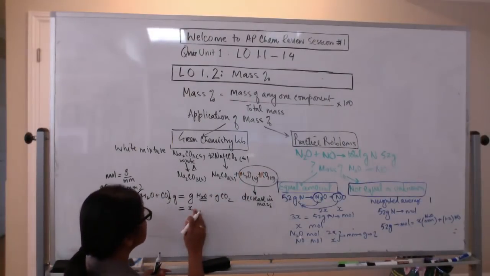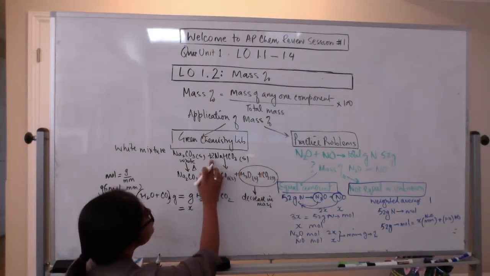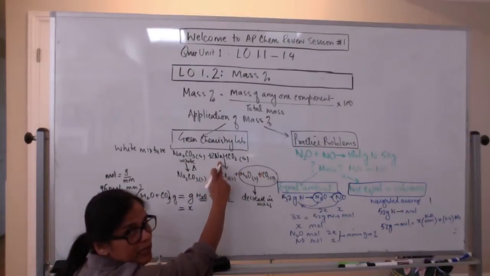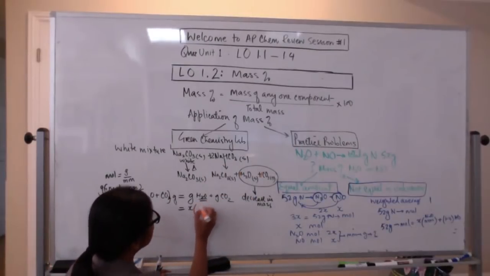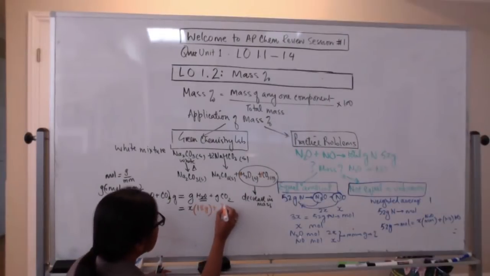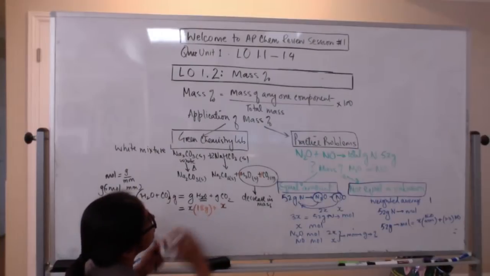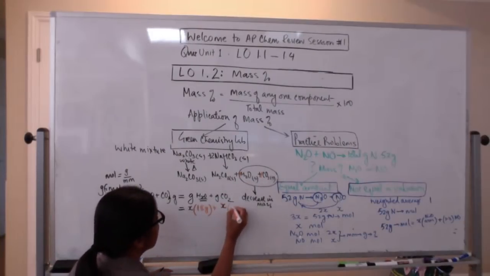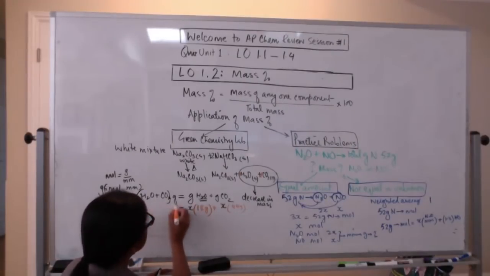So we say it made X moles of water. We cannot assume it's making 1 mole because we don't know that there were 2 moles of NaHCO3. So we use water's molar mass, 18 grams, times X, plus, and you can use the same X because of the 1 to 1 mole ratio, 44 grams times X. And this is equal to whatever the mass lost.